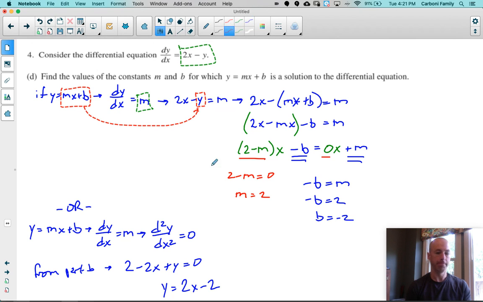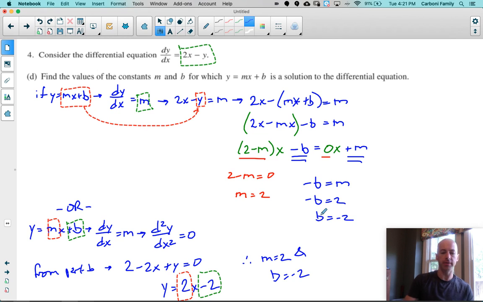Well, if that's what y is equal to, then m is going to equal 2, and b is going to be the constant negative 2. Therefore, m equals 2, and b equals negative 2. And that is a very weird, interesting part D, but those are the two methods you can use to solve for the constants m and b.